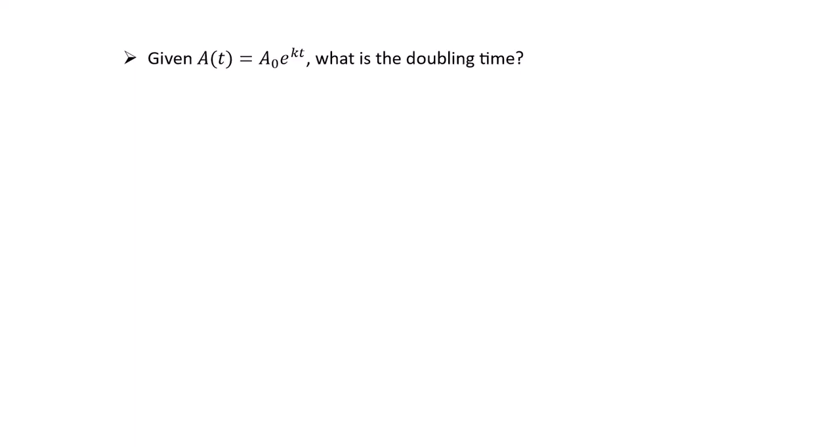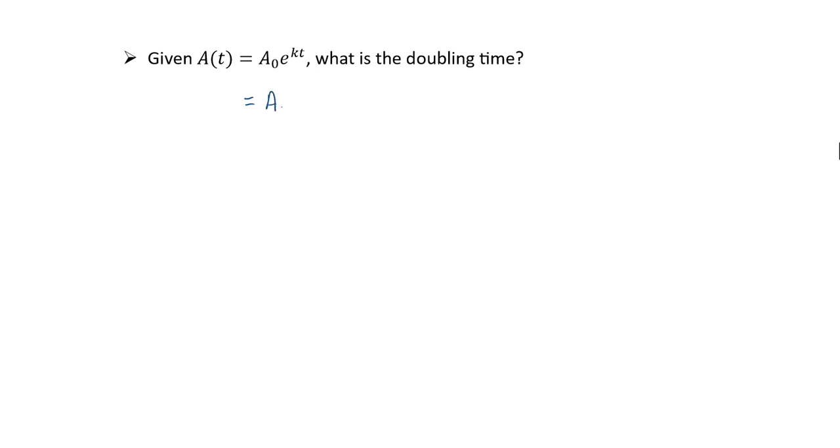Given A of t equals A sub 0 e to the kt, what is the doubling time? Doubling time is the amount of time it takes for a quantity to double in size. So we can figure out a formula for this.